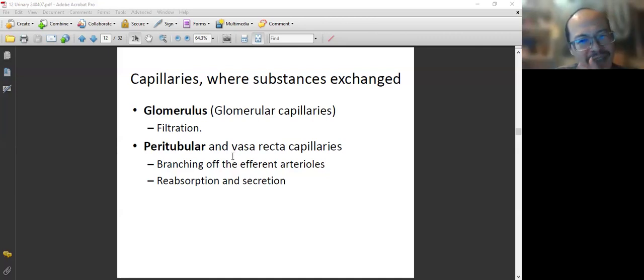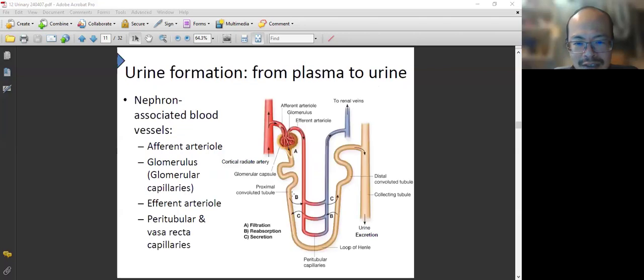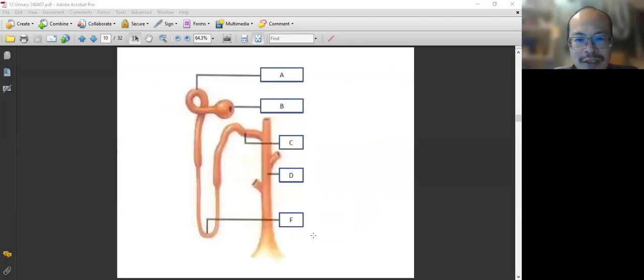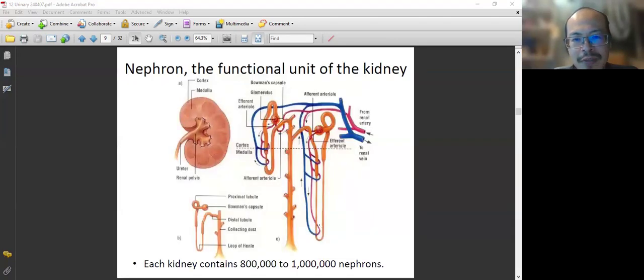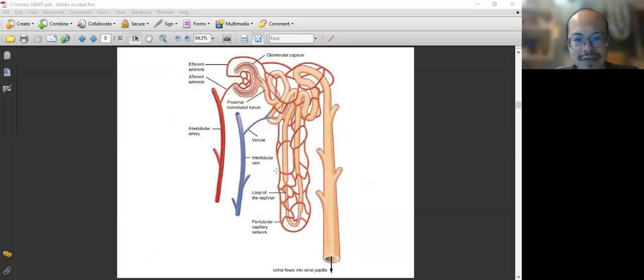There are several names surrounding this concept. Another name is called vasa recta capillary. This is called peritubular, but some of them call it vasa recta. Let me see if I have those here. Okay, they don't say it here. How about here?